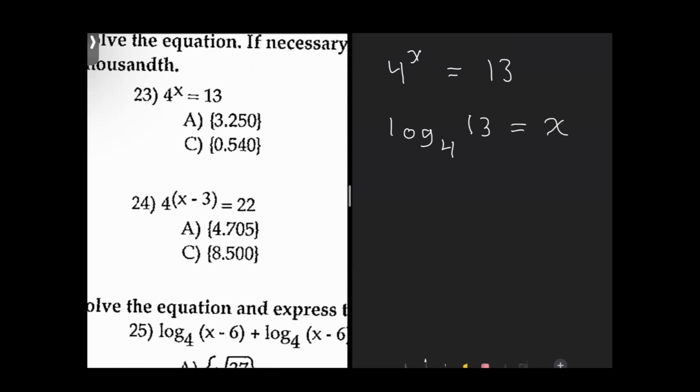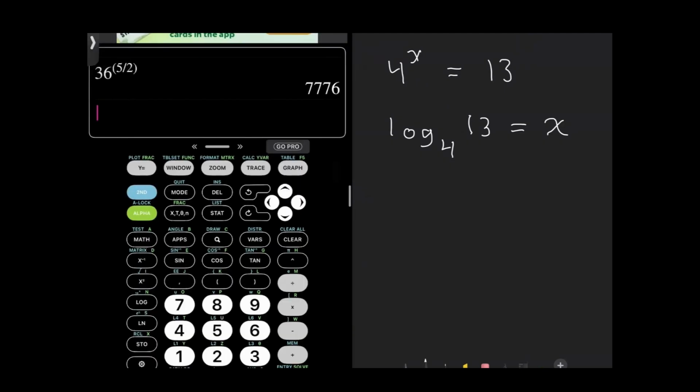This is how we convert exponential to logarithm. And then we could go ahead and put this into the calculator. Now, if you do not have a fancy high-tech TI-84 calculator, and you have a basic calculator that has at least the log button, you can use the change of base rule.